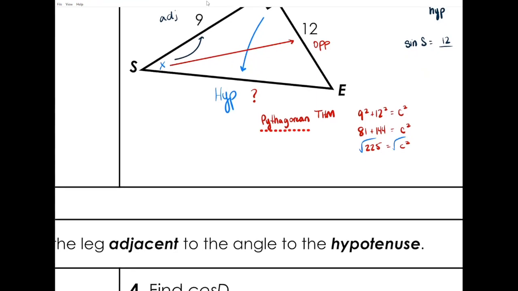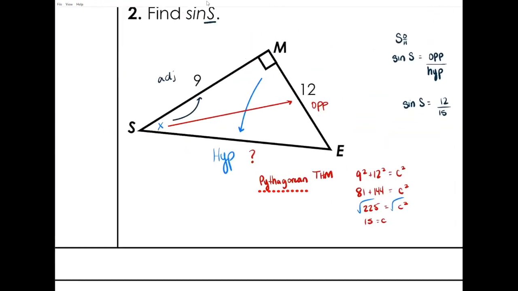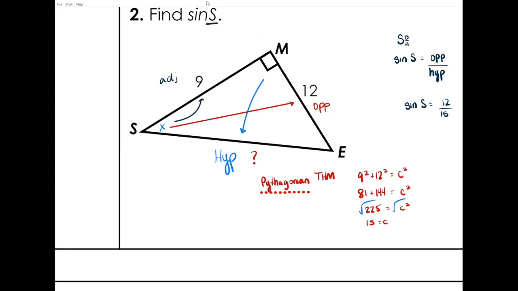So we find the hypotenuse to be 15. Now we can come up here, 15. And then just like our ratios before, if they can reduce, go ahead and reduce them. So it'd be 4 over 5.